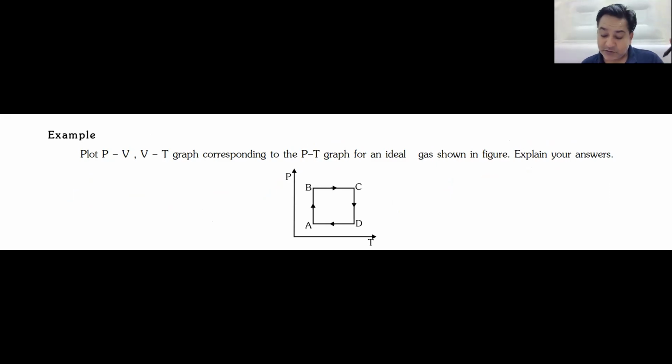In this case they have given you the PT graph, and you have to plot the PV graph and VT graph for it. I can't show you the options because it's not an objective question here. So draw the PV graph and VT graph and I'll show you the answers. Can you do that? Yes, sir. I'll give you a minute to do that.